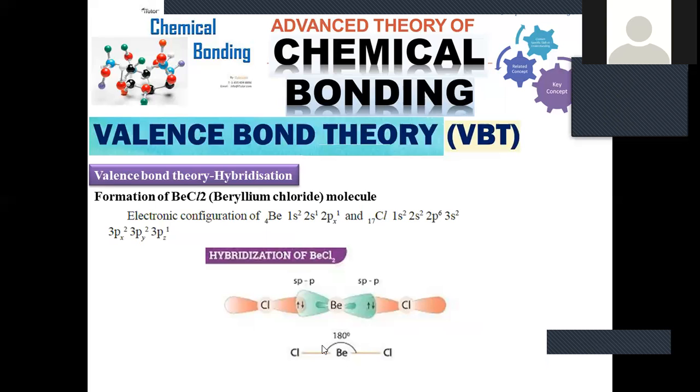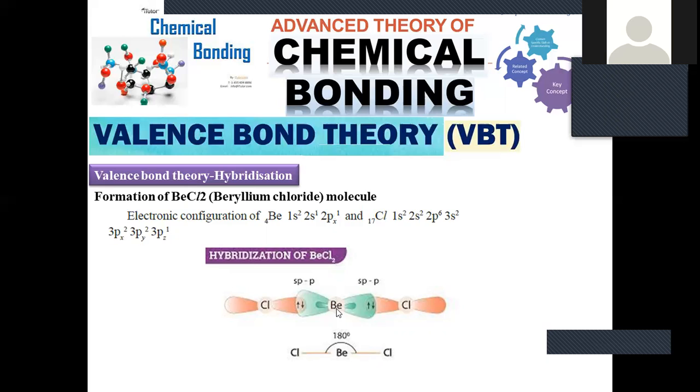For all linear molecules, the bond angle is 180 degrees. Half of the circle is completed. That's why 180 degrees is the bond angle for beryllium dichloride. What kind of hybridization does it participate in? sp hybridization.